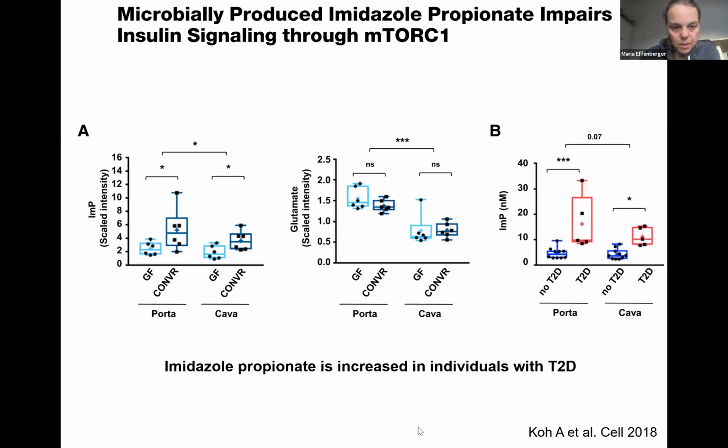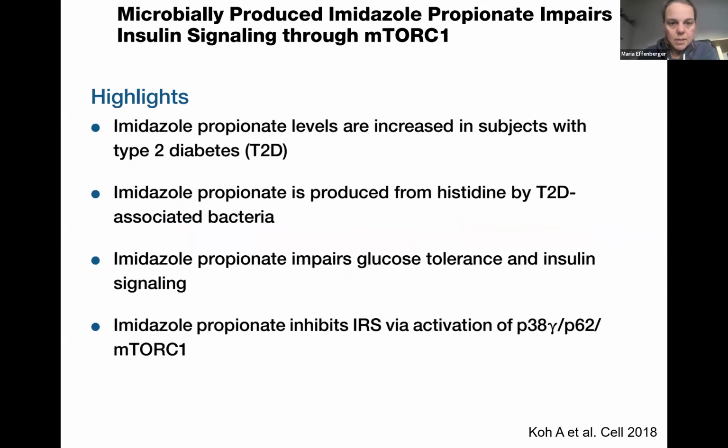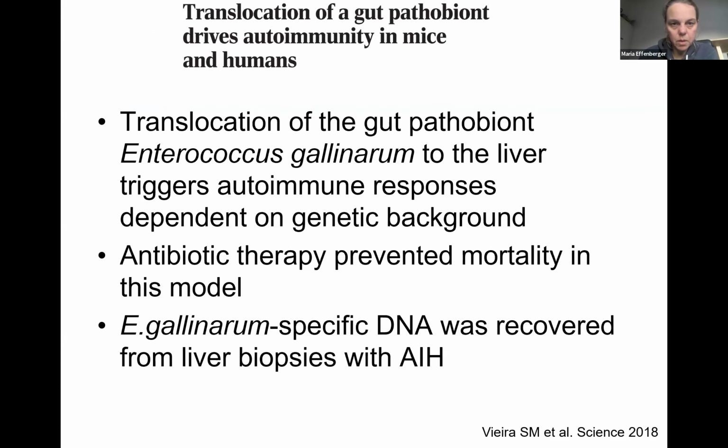As you can see here, imidazole propionate is increased in individuals with type 2 diabetes. And this is important because imidazole propionate is one particular sign for metabolic diseases, and it's produced from histidine by type 2 diabetes-associated bacteria, and it impairs glucose tolerance and insulin signaling, and it inhibits activation via the mTORC receptor.